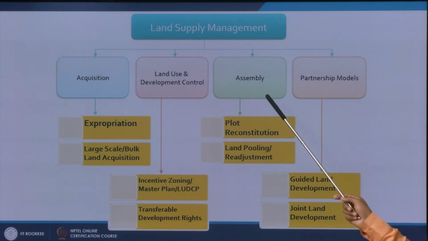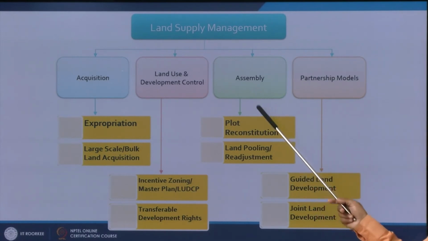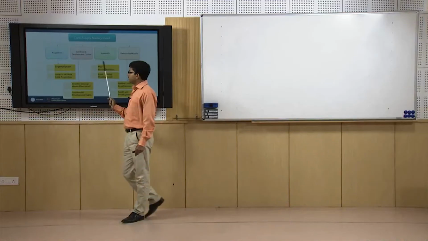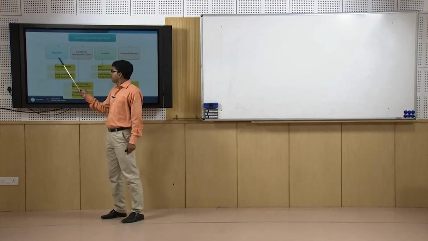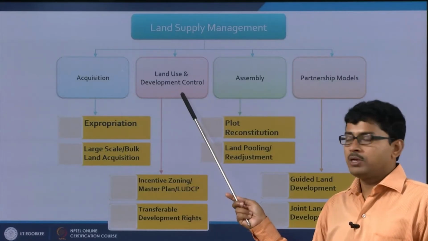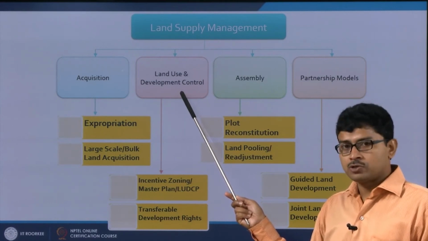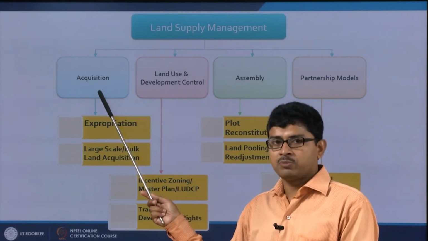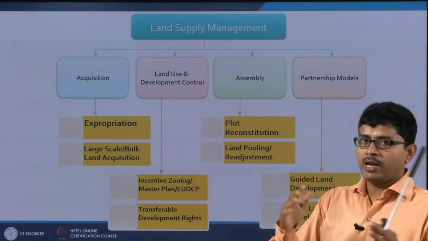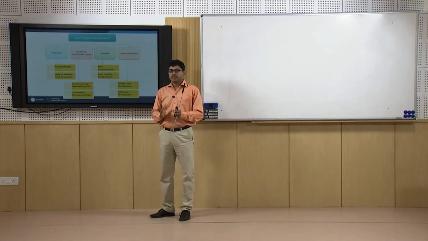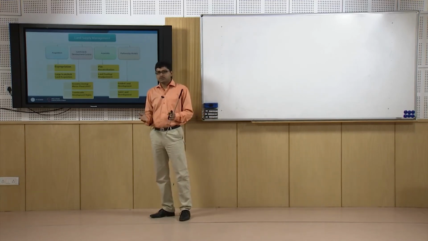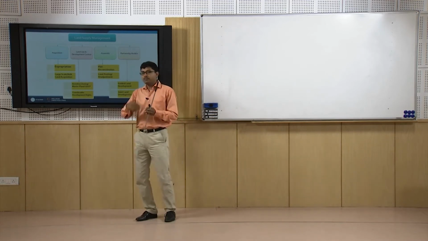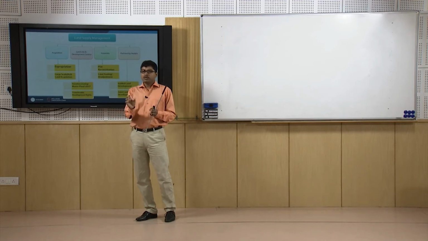Then we come to another mode of land assembly, which is called plot reconstitution and land pooling. In this method, we are neither acquiring land nor controlling the development by assigning land use and development control. Instead, we are getting the land for some period of time, then making a planning exercise, subdividing the land so that it can be utilized for better service facilities and better planning, and then giving the land back to the original land owners with a few guidelines.